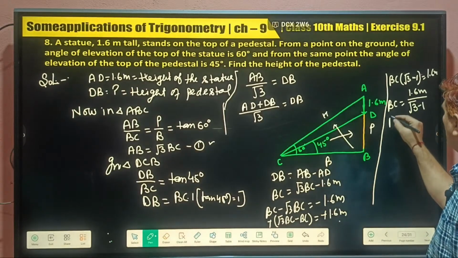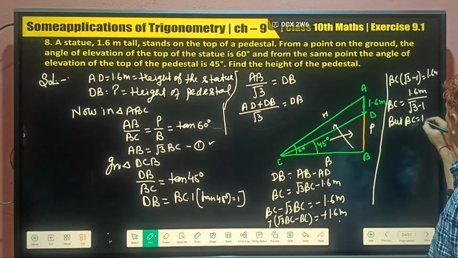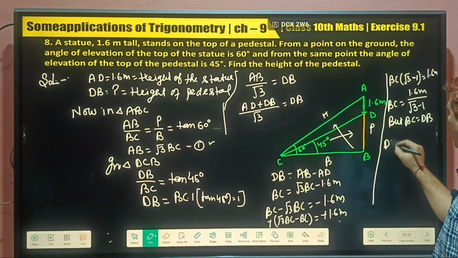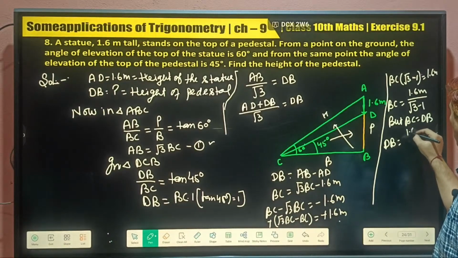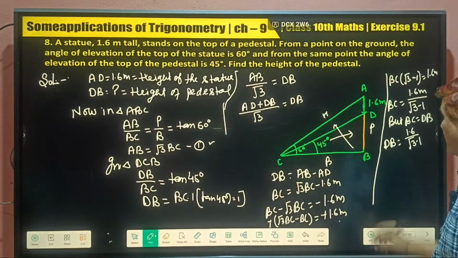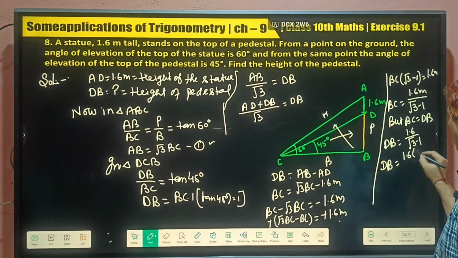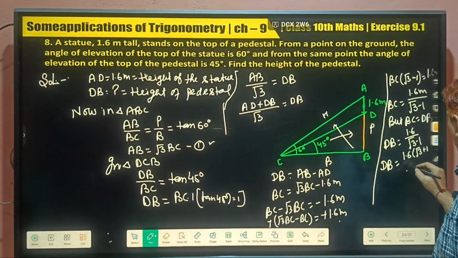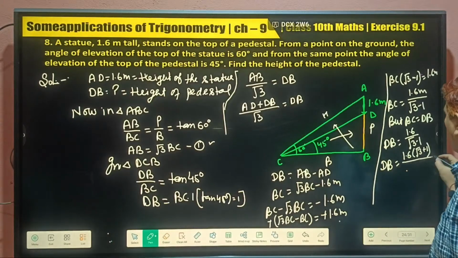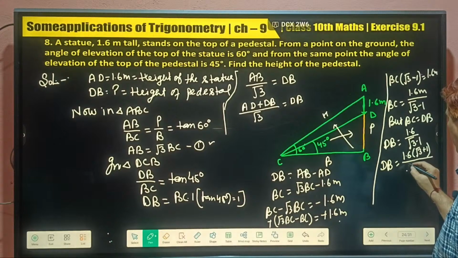But BC equal to DB. So DB is equal to 1.6 by root 3 minus 1. Rationalizing it, DB equals 1.6 into root 3 plus 1 by (A minus B)(A plus B), so 3 minus 1.